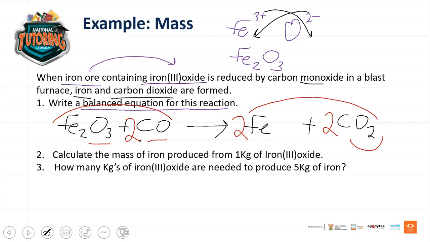Goodness me, what are we going to do? We might need to put a 2 in front of our Fe. Sometimes this is a bit of trial. So there we've got 4 Fe's and we've got 6 oxygens plus another 2, which is 8 oxygens.